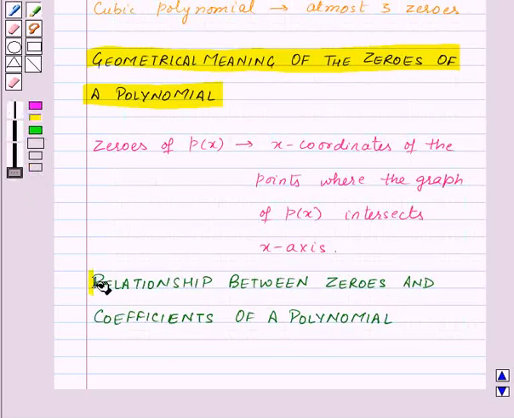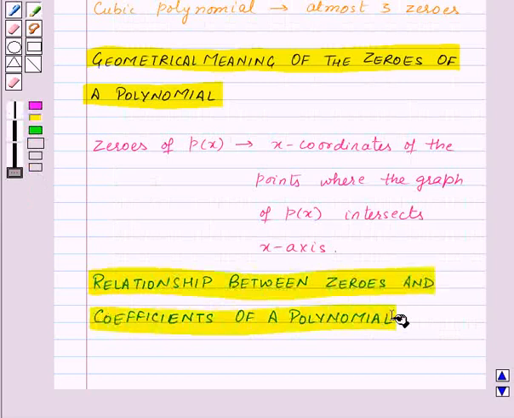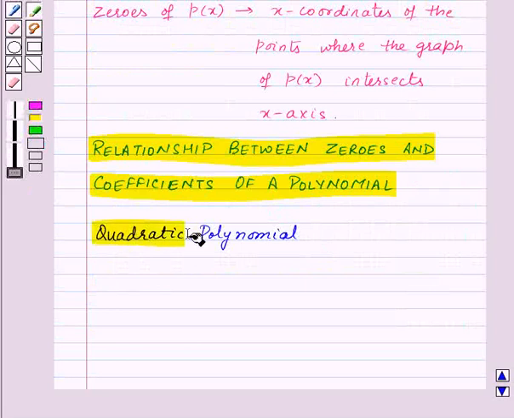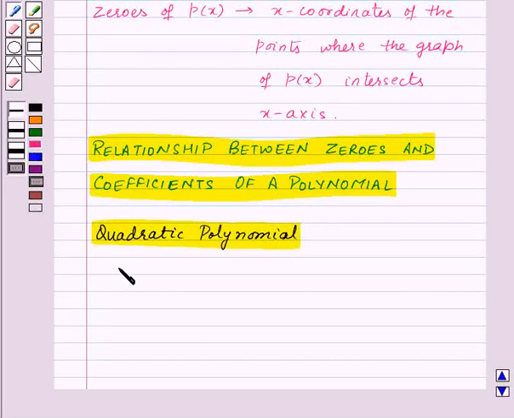Now let's see the relationship between zeros and coefficients of a polynomial. Let's see a quadratic polynomial first. The general form of a quadratic polynomial is ax square plus bx plus c. Now let us suppose that the zeros of this polynomial are alpha and beta.